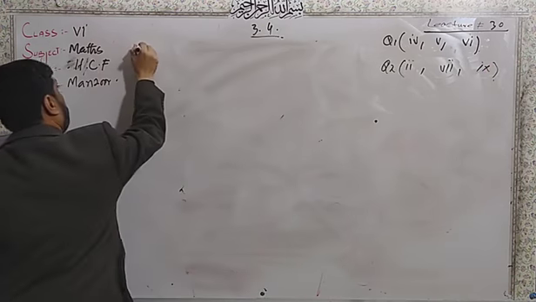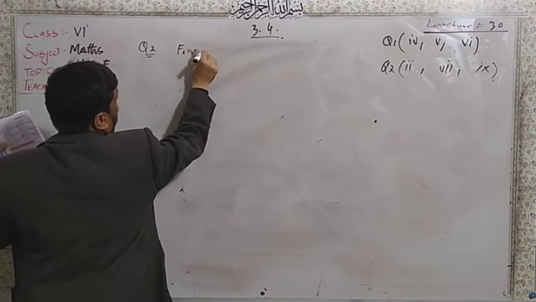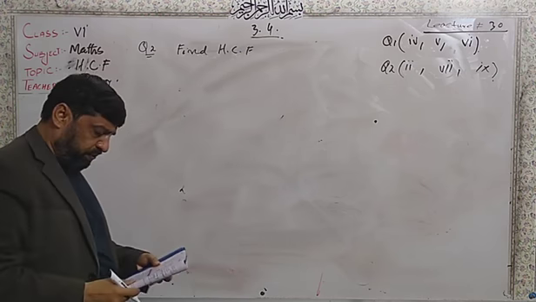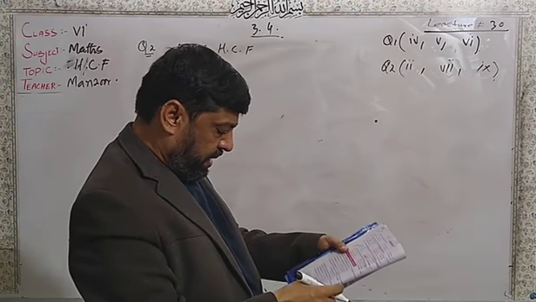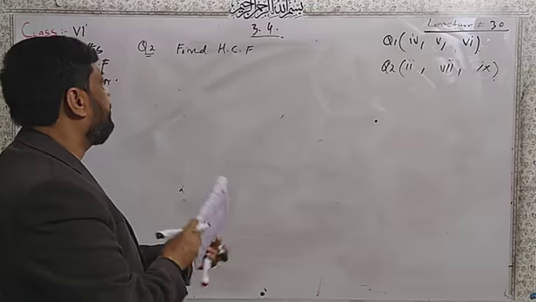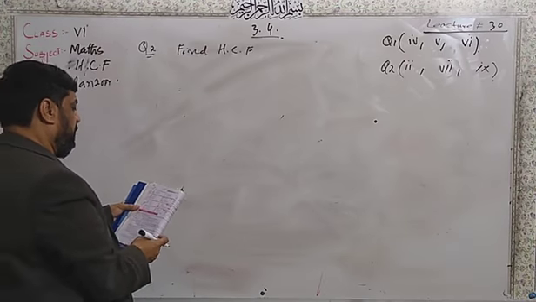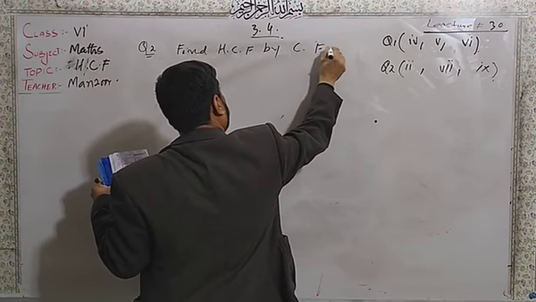Dear students, in question number 2 we are told to find the HCF. You can read the questions from the book, page number 36. Find the HCF by writing common factors, by the common factors method.